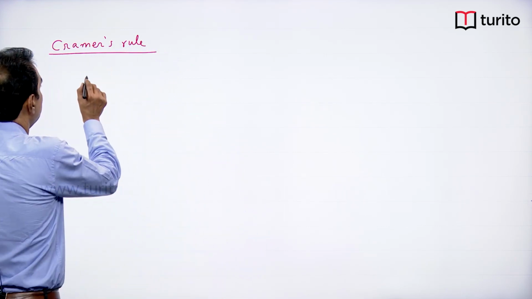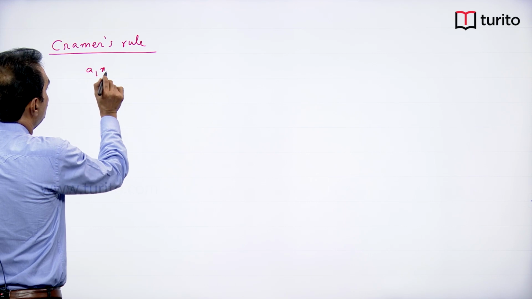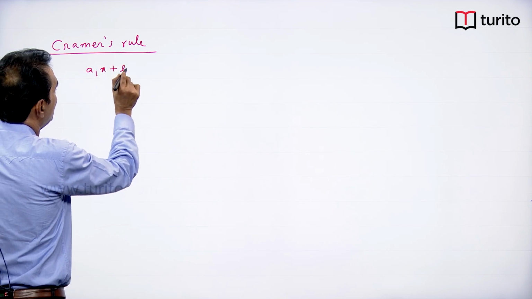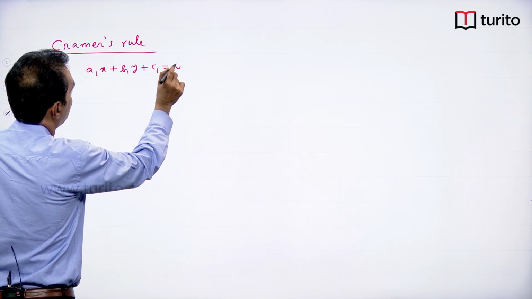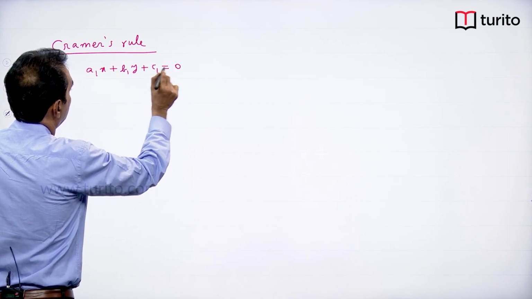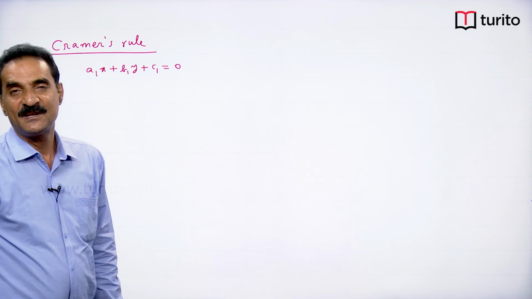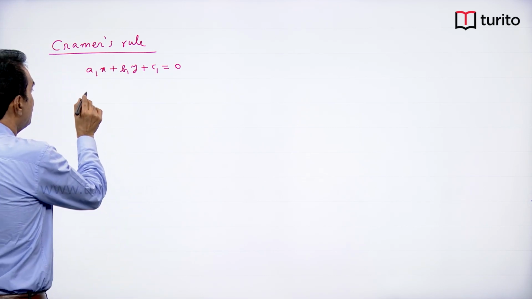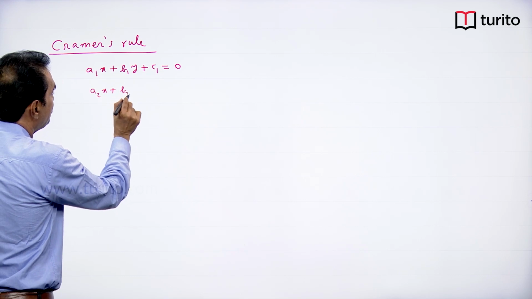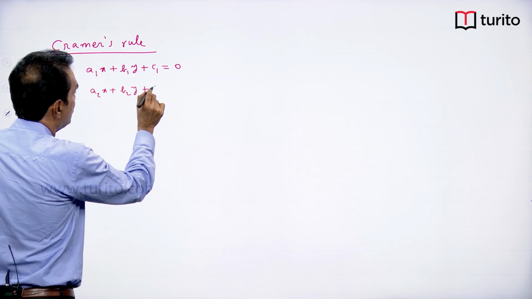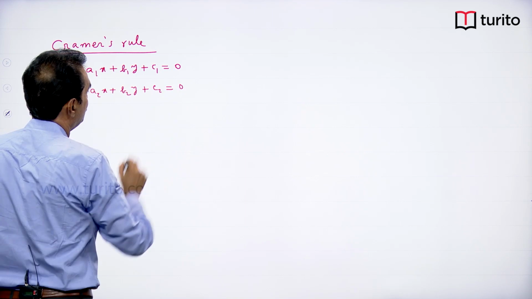Let us take two simultaneous equations in x and y: a1x plus b1y plus c1 is equal to 0 and a2x plus b2y plus c2 is equal to 0.